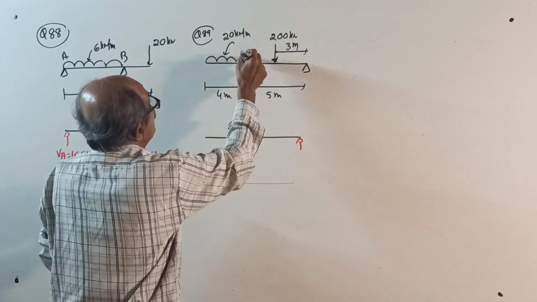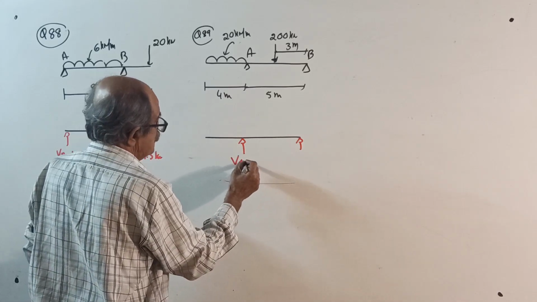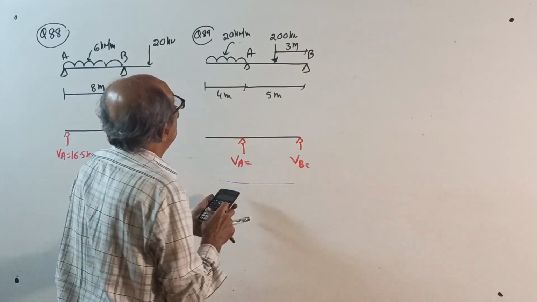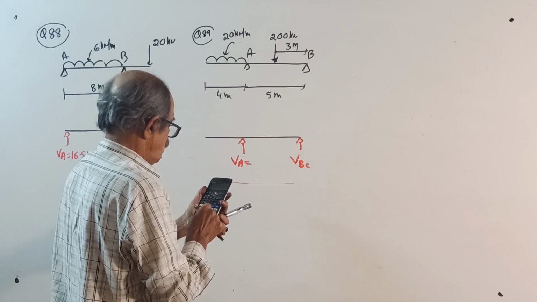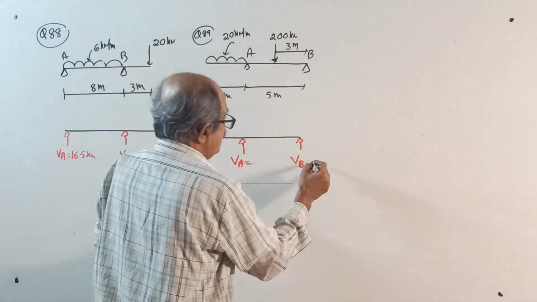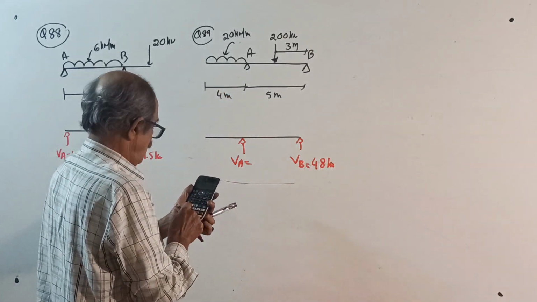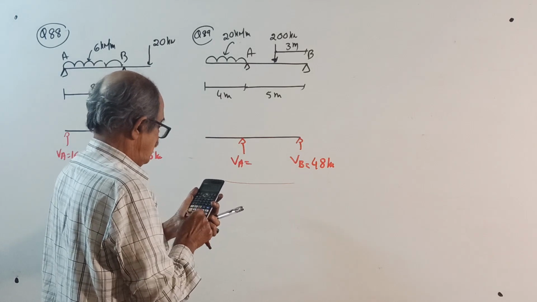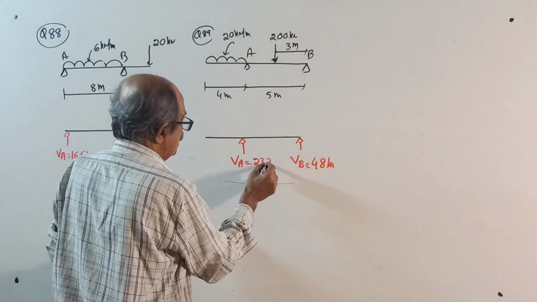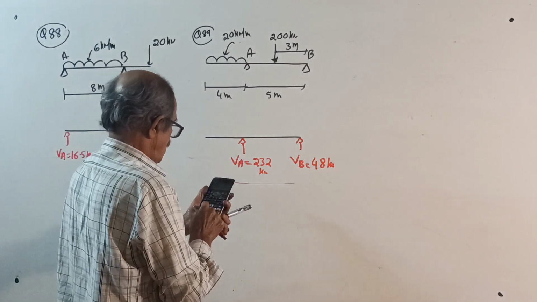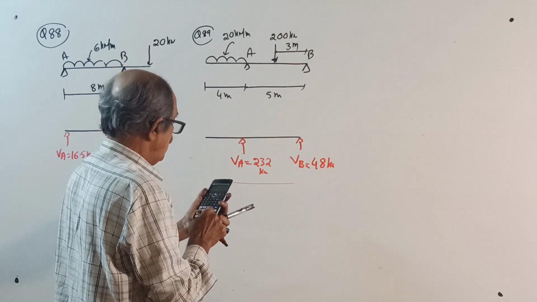This ABCD I forgot right. AB. 48 kilonewton. 232 kilonewton. But answer has to be checked. Correct.